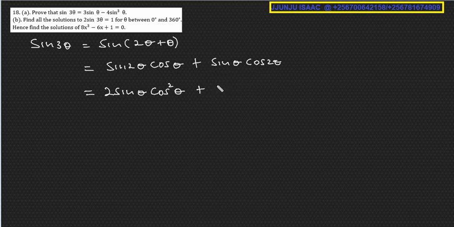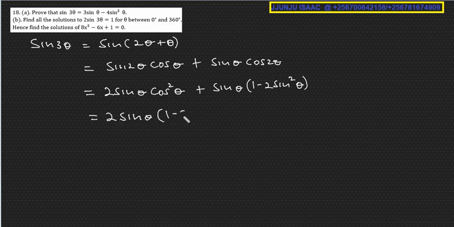now this is going to be sine theta, but cos 2 theta can be written as 1 minus 2 sine squared theta from the double angle identity which we covered on the same platform. So please check for that video. Now we need to get rid of the cos, so this is going to be 2 sine theta.